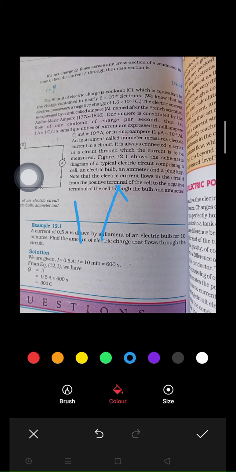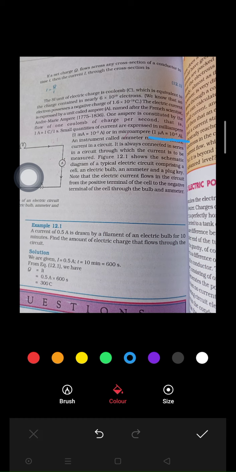So 1 ampere is the flow of 1 coulomb charge in 1 second time. That's what they've told.